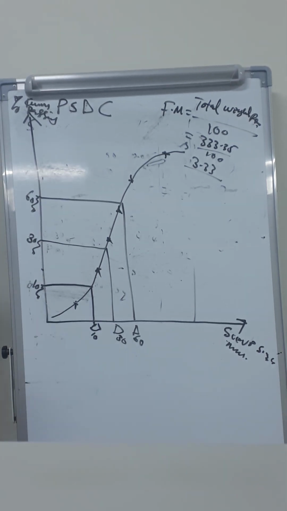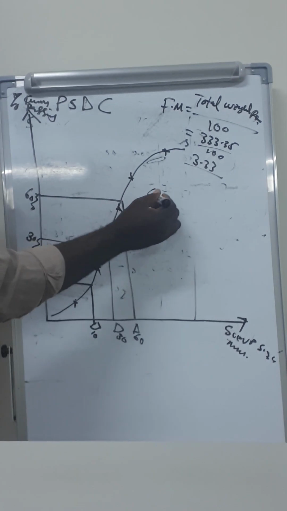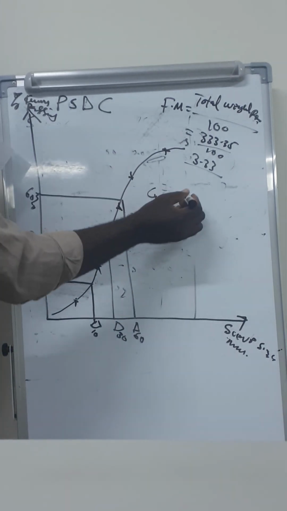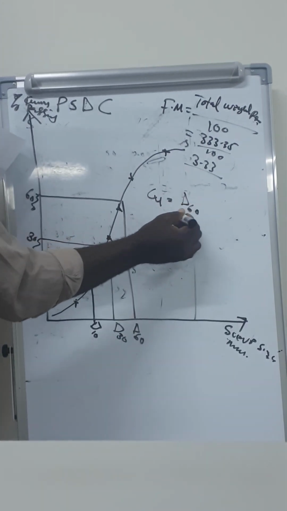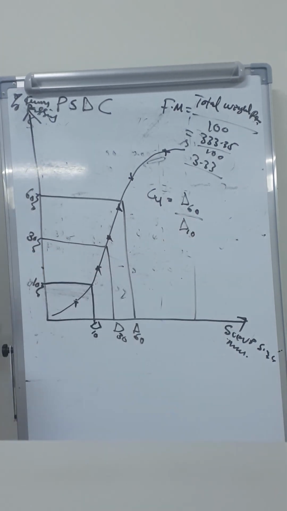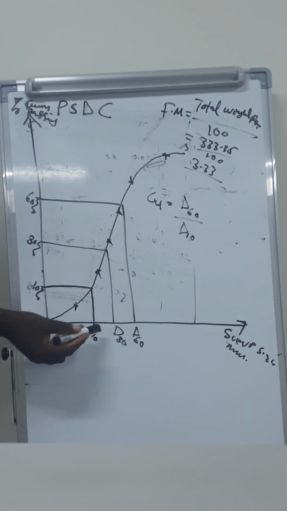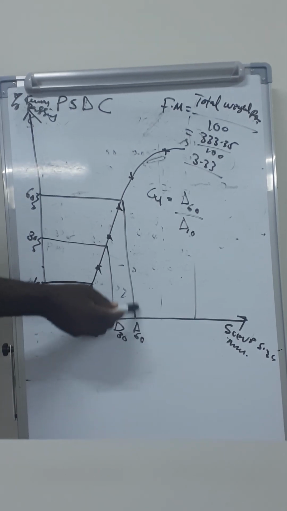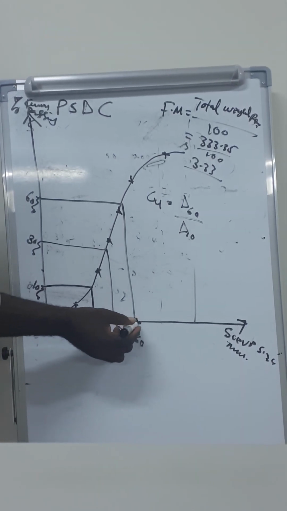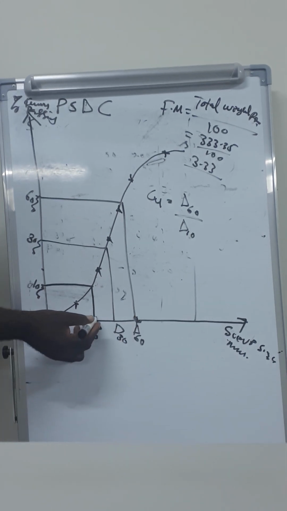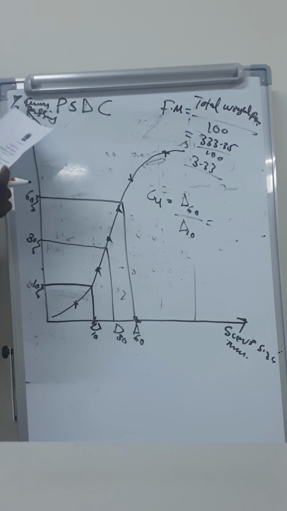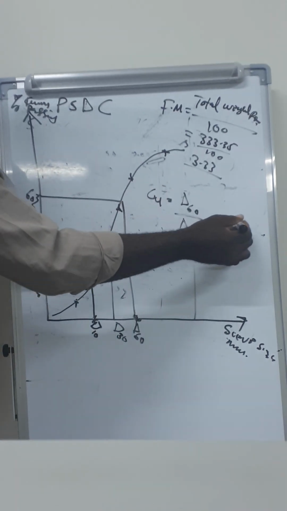To calculate the coefficient of uniformity, Cu, it is equal to D60 over D10. You take the values you got at these points and divide, and you get about 2.56.